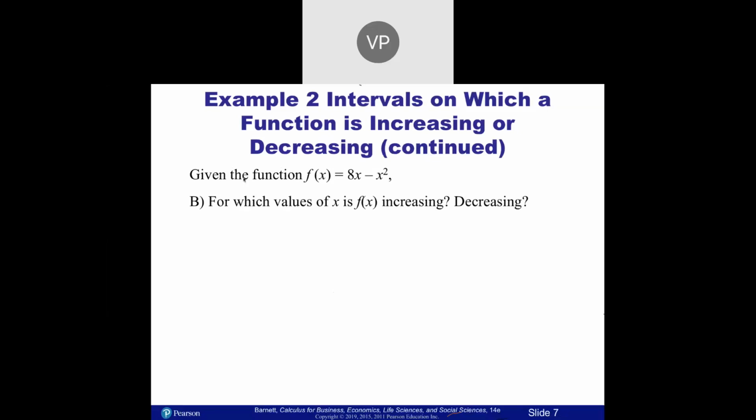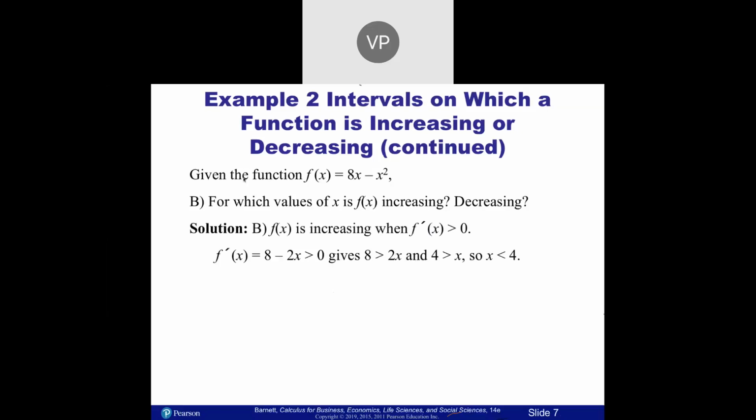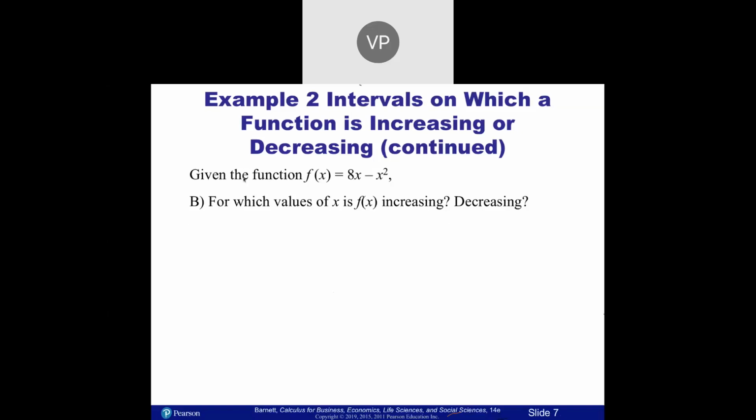So now they want you to figure out where the graph is increasing or decreasing. So we're going to assume that we've already found x equals 4, and you look at what we have right now. They don't give a whole lot of information, so let me add some details right here. Since we know that 4 is a special point, that's our critical value. Remember, where the derivative is equal to 0?